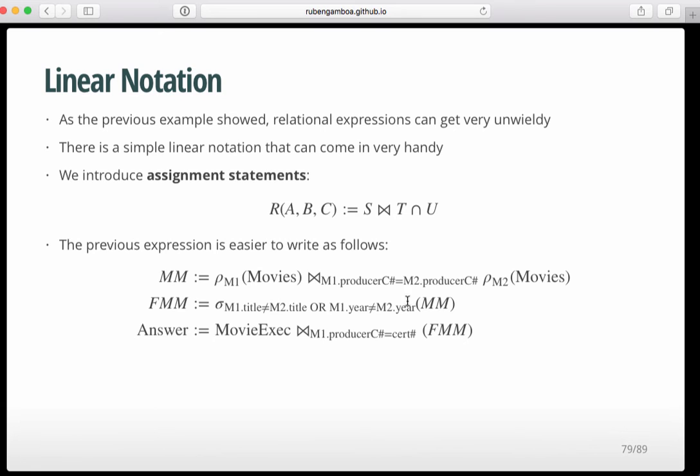So here we have MM, but only when M1 title is not equal to M2 title or the year is not equal to M2 year. This is the filter version. So now the answer that we want is to take that expression, which has all pairs of movies with the same producer but that are actually different movies, and then we'll join that with the movie exec so that we can actually get the name of the executive.